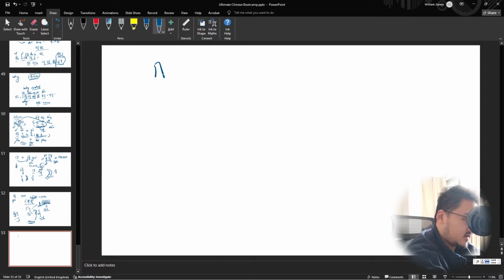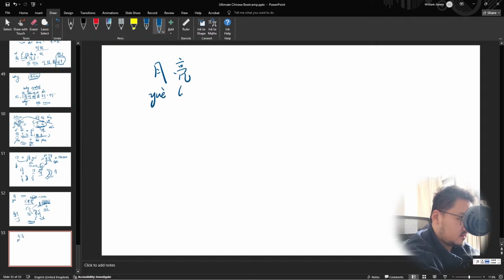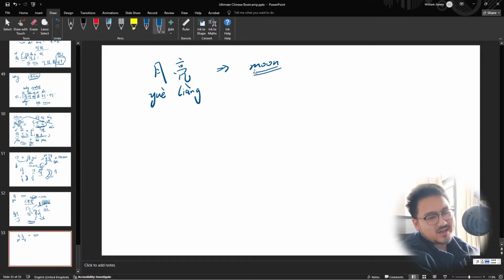as I said, we can say 月亮 literally means the moonlight, but 月亮 just means the moon. Okay, it's like saying, oh, it's a moon, but it's like a shining thing, right?